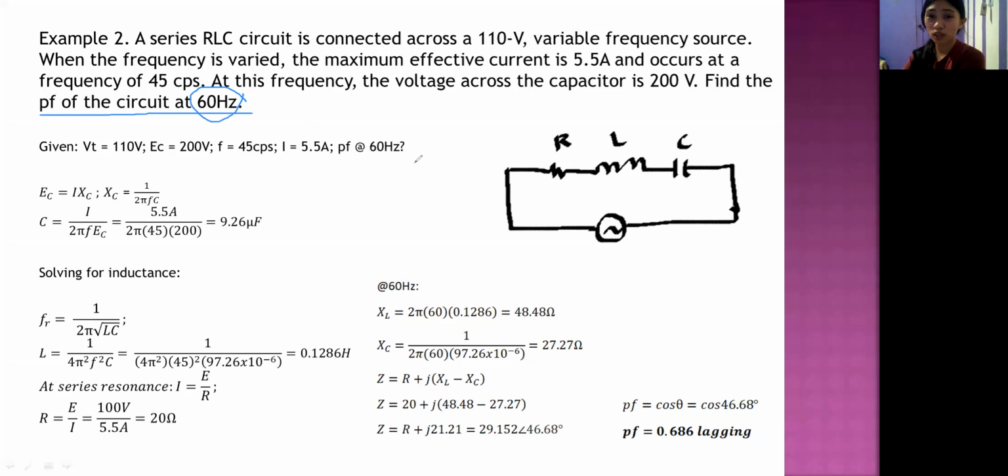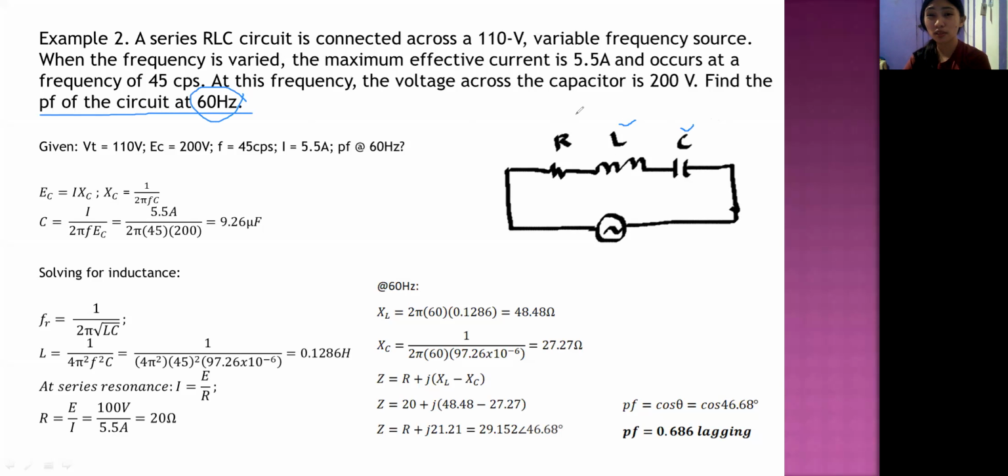So first, we have here the circuit diagram, in which we don't have these values yet, so we have to solve for them.